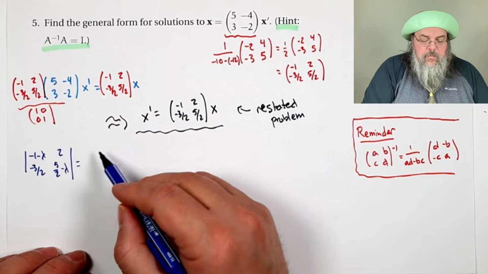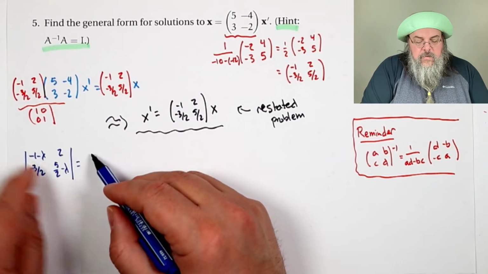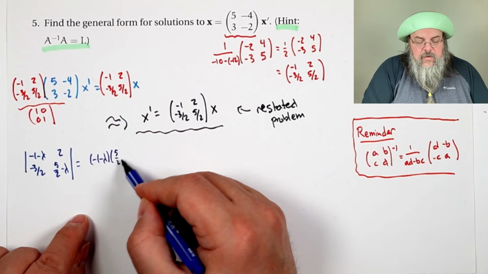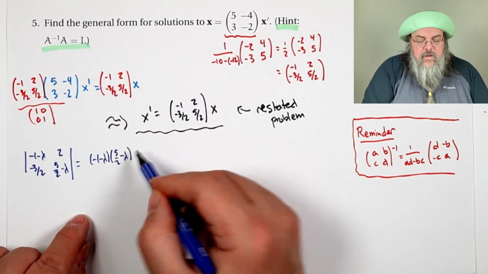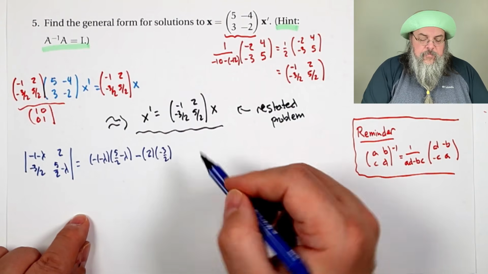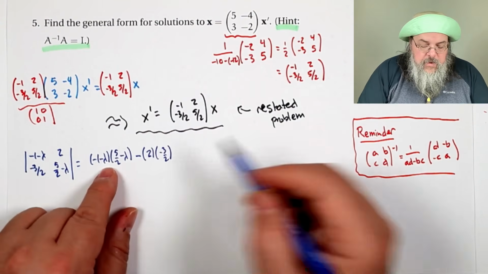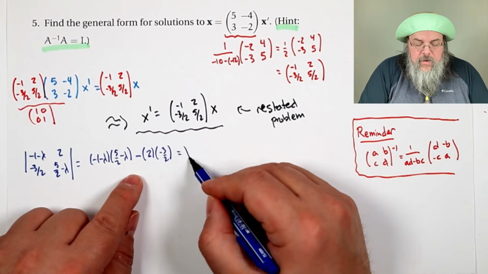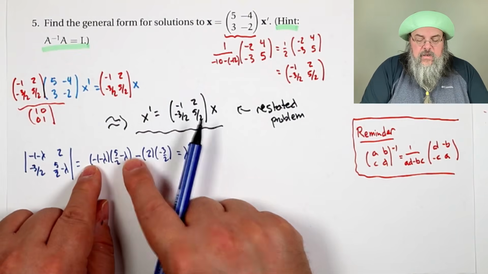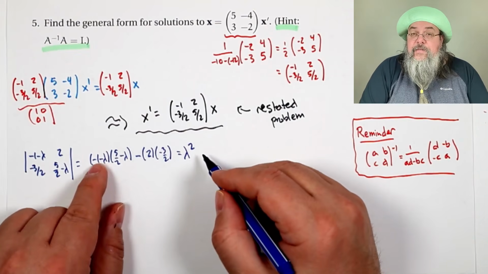All right, so this would be minus 1 minus lambda, 5 halves minus lambda, subtract 2 times negative 3 halves. And we just start expanding here. So we get a lambda squared. And then we're going to get a plus lambda and a minus 5 halves lambda.